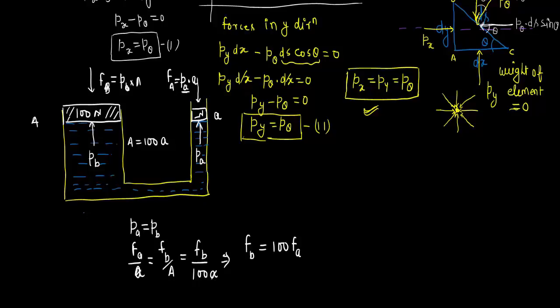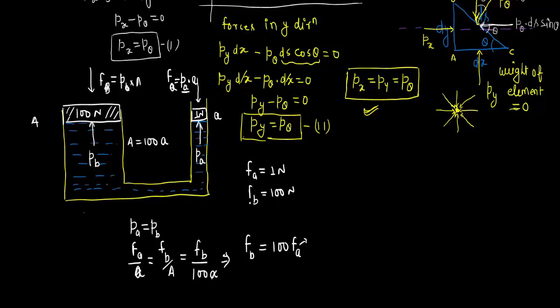So this is the force. So the force is 1 Newton here, force is 100 Newton here. This 1 Newton is what? This 1 Newton is Fa. So Fa is 1 Newton and Fb is 100 Newton.